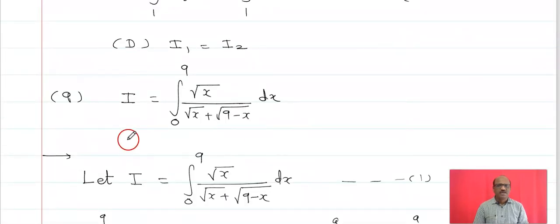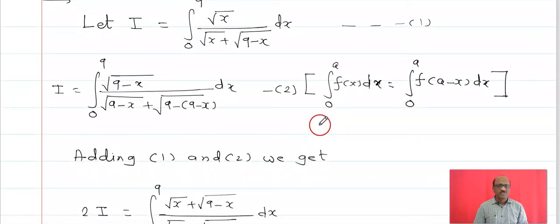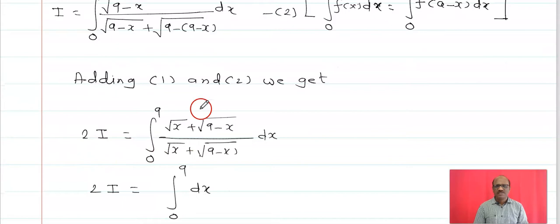Problem number 9. I is equal to the integral from 0 to 9 root of x upon root x plus root of 9 minus x dx. Now we'll apply one of the famous properties, that integral 0 to a f of x dx is equal to integral 0 to a f of a minus x dx. If you apply this property and add these two integrals, then you will get 2I on the left hand side, and on the right hand side, integral 0 to 9 root x plus root of 9 minus x upon root x plus root of 9 minus x.